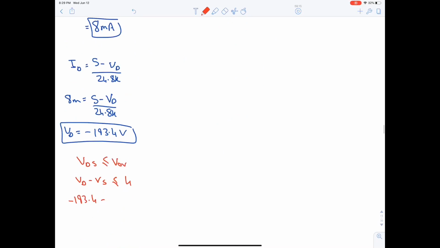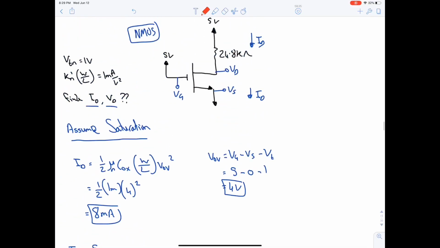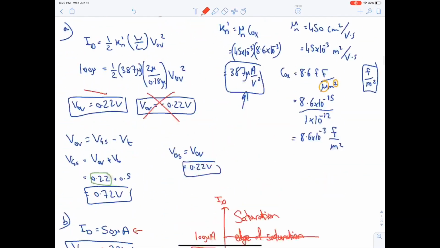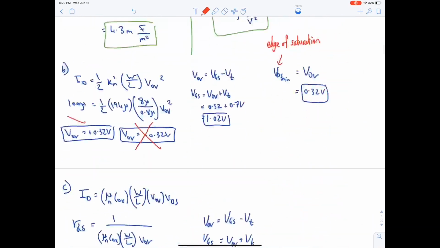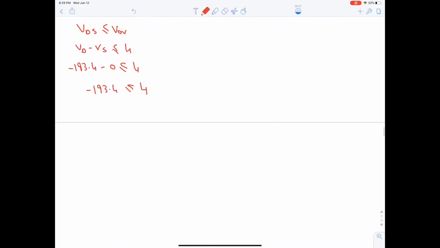Yes, minus 193.4 is less than or equal to 4. True? It's true. I think our check is wrong. For NMOS, VDS has to be greater than VOV.